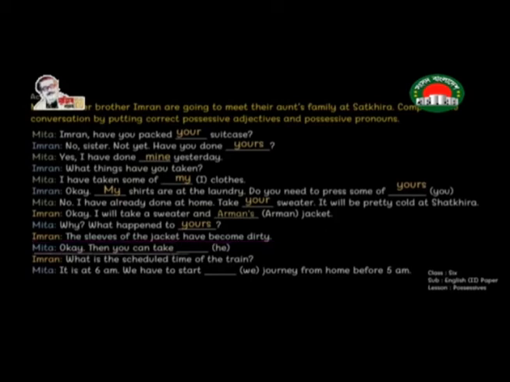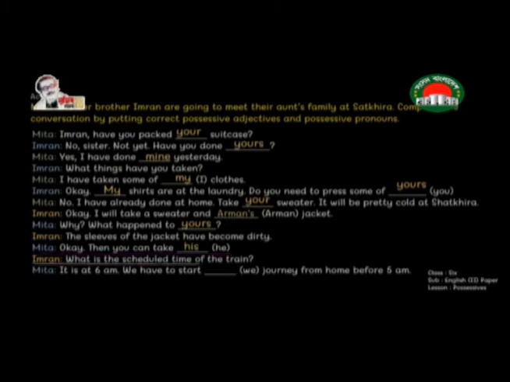Mita is answering, okay, then you can take his. That means possessive pronoun. Mind it, this is not a possessive adjective. Here the answer is a possessive pronoun, his jacket.